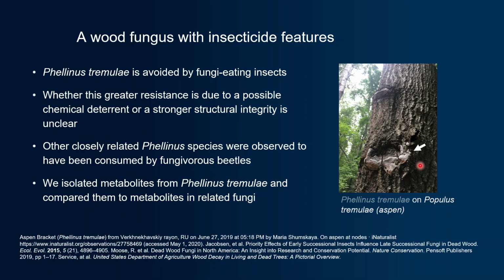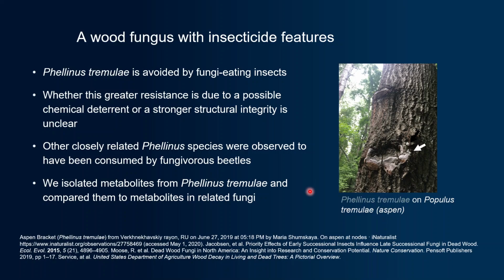All entomologists that work on insects that live on the deadwood fungi say we've never seen anything on this fungi. What does it mean for us? For us, it means chances are there are some kind of chemicals in this fungus that prevent insects from living in there, and potentially these chemicals can become insecticides that we can use as naturally derived insecticides.